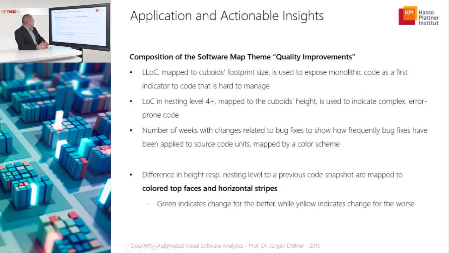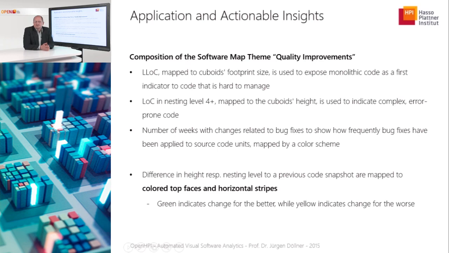How are these software maps composed? As already said, the logical lines of code mapped to the cuboid's footprint size is used to expose monolithic code as a first general indicator of code that is hard to manage.